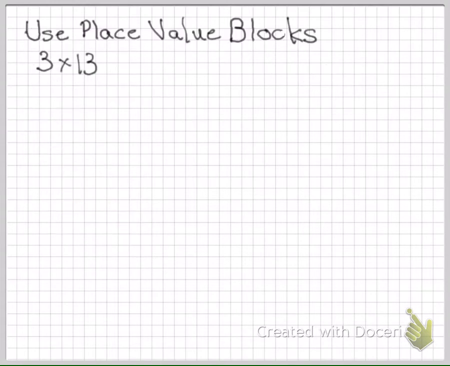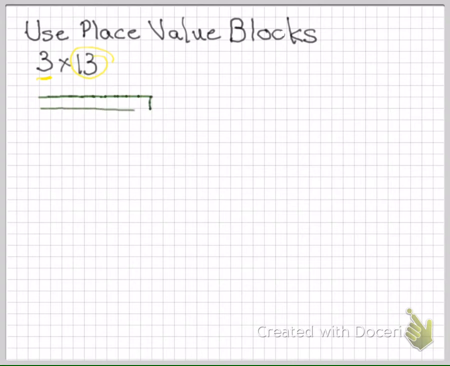Okay, now this time I want to show you using place value blocks. This says 3 times 13, or 3 groups of 13. To use place value blocks to make the number 13, I need a block with 10. There we go. 1, 2, 3, 4, 5, 6, 7, 8, 9, 10.